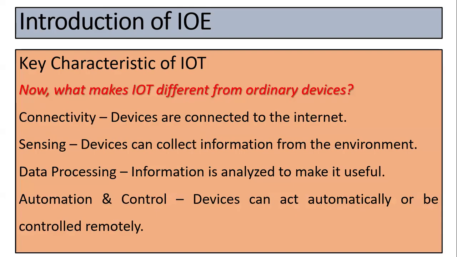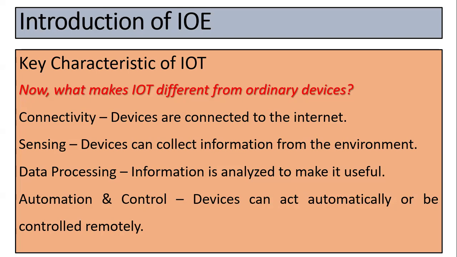Now we will go through the characteristics of IoT devices. What are the main characteristics that make IoT different from ordinary devices? First of all, it provides connectivity. Devices are connected to the internet. This is the first characteristic. Second is sensing. Devices can collect information from the environment.